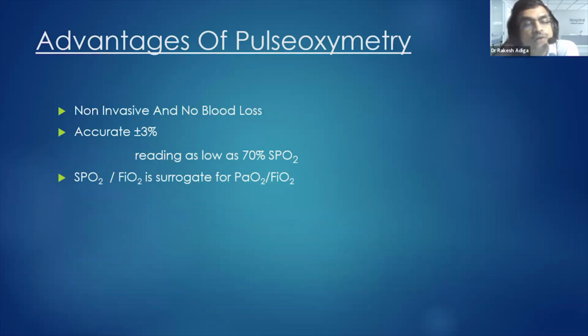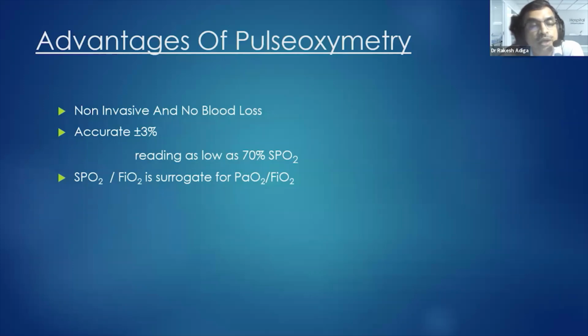We should not lose blood. That is why we clamp the cord a little late, almost 1 minute after delivery. And the accuracy of a pulse oximeter is plus or minus 3%, and it can read down to 70% oxygen saturation.